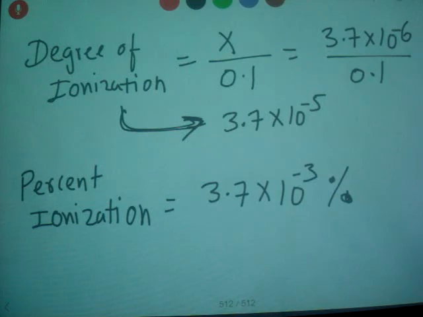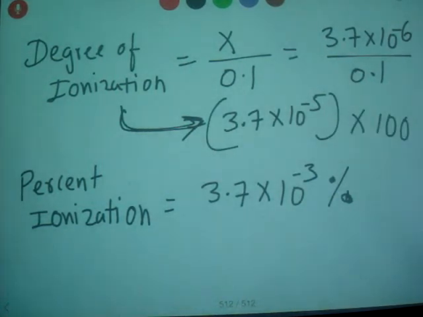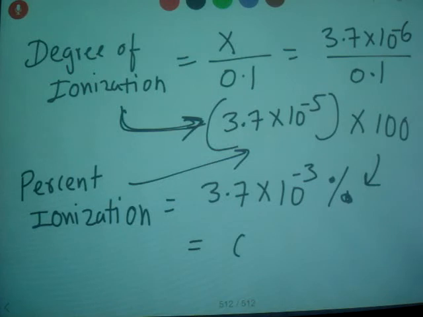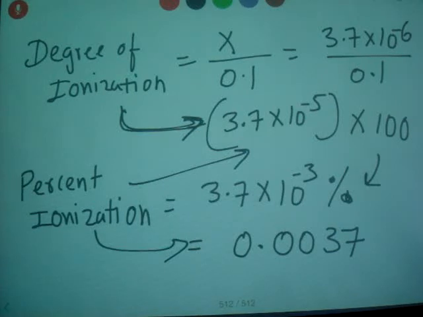Degree of ionization, whatever you have, times 100. That's the equation. When you times 100, you get 0.0037. So that's percent ionization. So that's how you can calculate. If the pH value is given, you can calculate the Ka value, degree of ionization, and percent ionization.